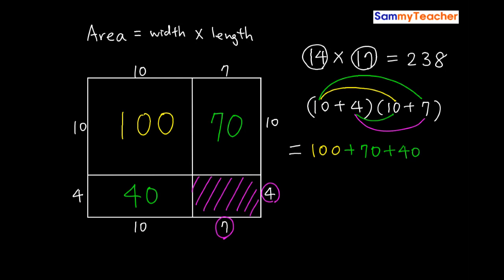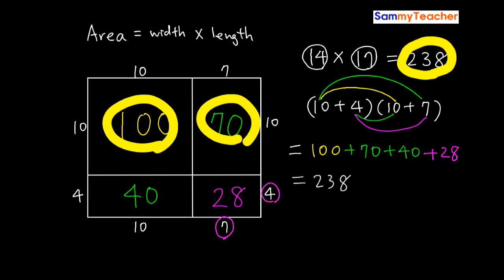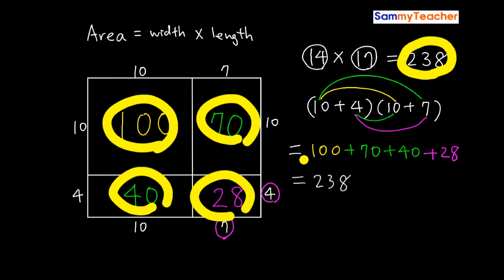So 4 times 7 will be 28. And that will be the area of this part. Now, guess what these 4 numbers add up to? It'll be 238. Because what we did was simply break down this area into 4 different parts, so they should add up to the same area.